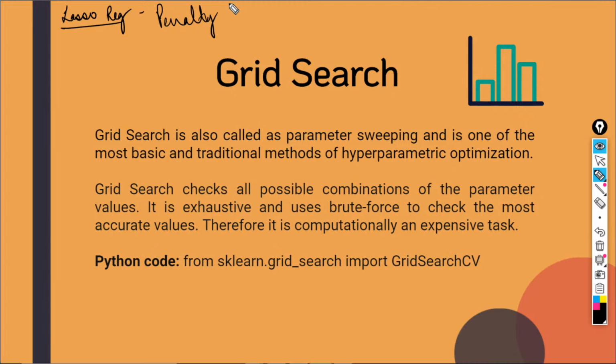Now talking about hyperparameters and tuning and how they work, let us understand a bit about it. Hyperparameters basically control the behavior of an algorithm, right guys? And they are given through arguments.